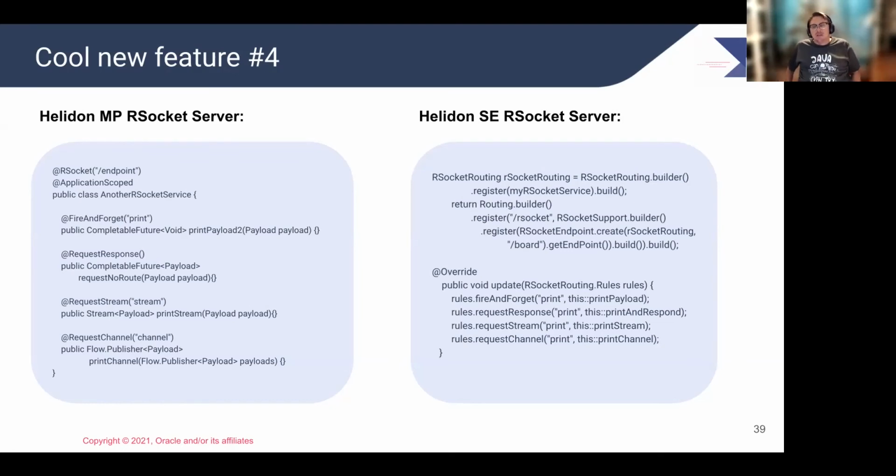We decided that binding it to messaging, like it was done in Spring, is really cool, but in our case, having our own set of annotations for RSocket makes it really pure and clean. So we have created this RSocket annotation, which defines where the endpoint is, and annotations like fire and forget method, request response, request stream, and request channel.